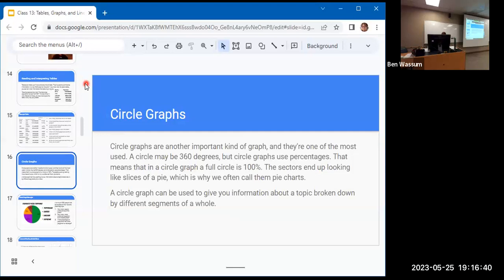Now, the only other thing I have for you on charts and tables would be circle graphs. Circle graphs are actually one of the most used kinds of graphs. They're also called pie charts. It's just a big circle and everything in the circle adds up to 100%.